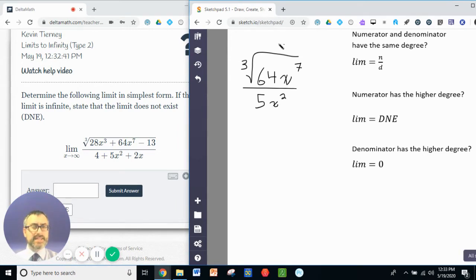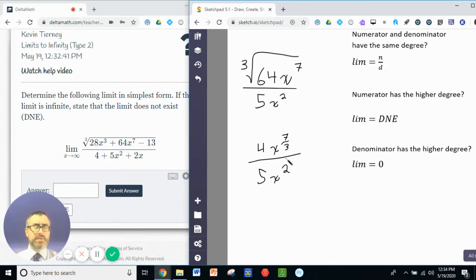Okay, let's simplify this numerator a little bit. I can rewrite the cube root of 64 as just 4, and then the cube root of x to the seventh is x to the 7 over 3. And the denominator hasn't changed, it's just 5x squared.